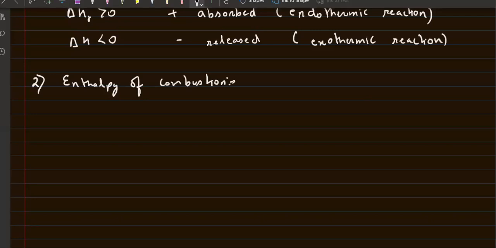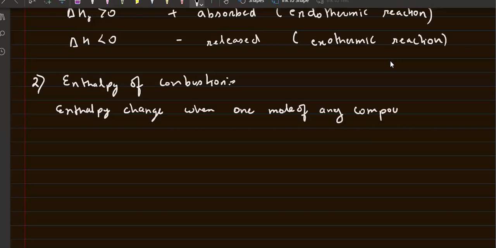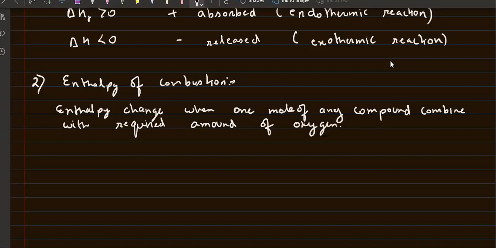It is the enthalpy change when 1 mole of a substance or 1 mole of any compound combines with the required amount of oxygen to give stable products.